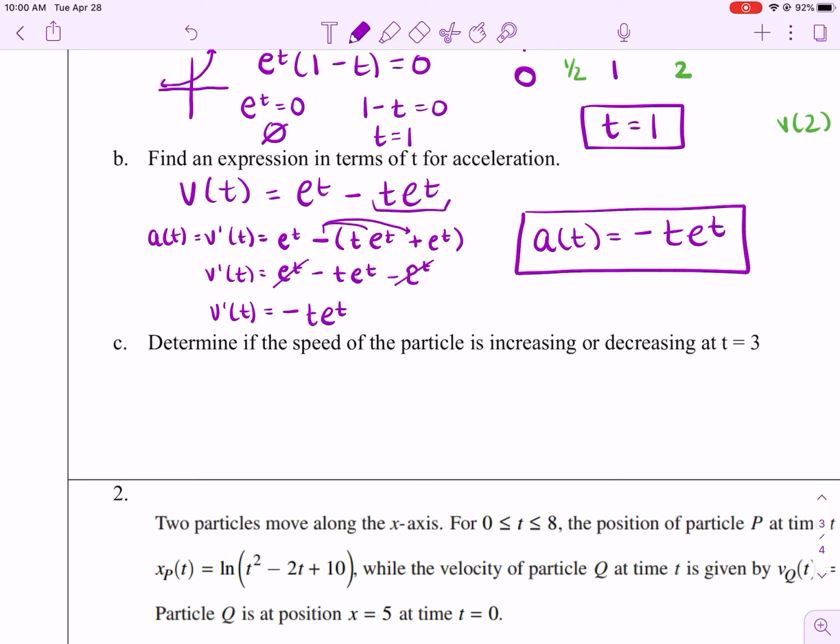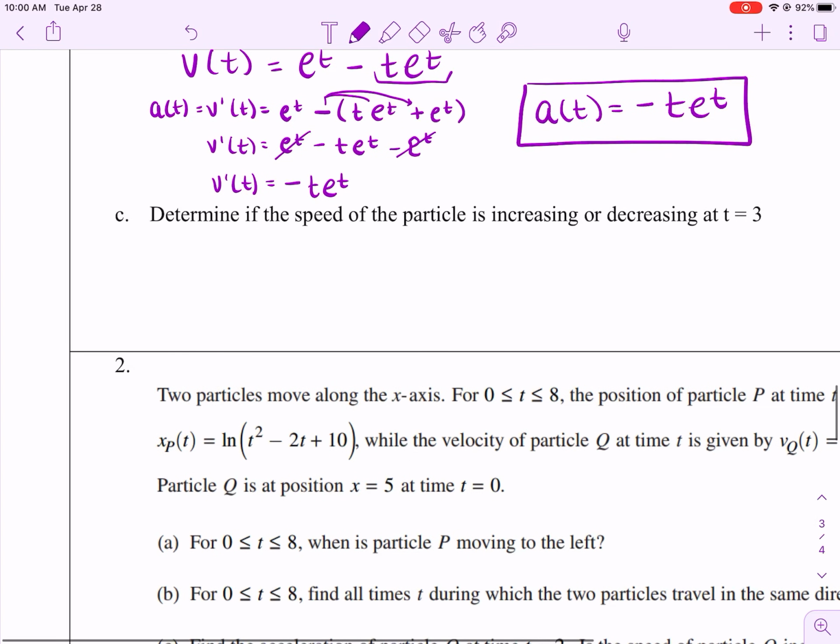For part C, they're asking if the speed of the particle is increasing or decreasing at time t equals 3. Remember, when you're talking about speed increasing or decreasing, that has to do with the signs of not just acceleration, and not just velocity, but acceleration and velocity together.